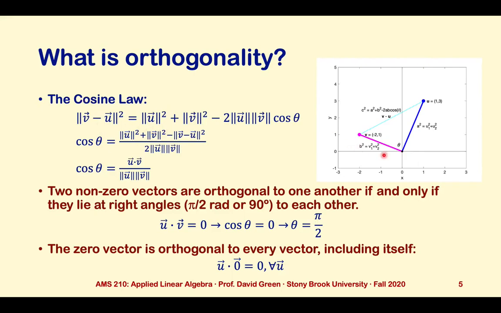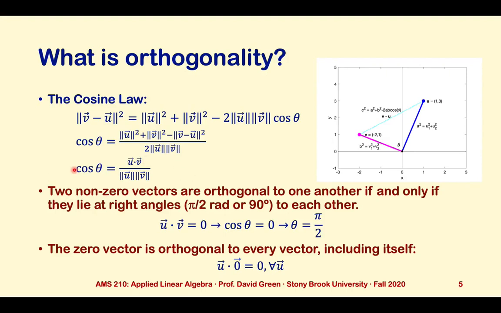The cosine law that relates the angle between two sides of a triangle, A and B, to the length of the opposite side, C, can be interpreted in the language of vectors and rearranged to give an expression for the cosine of the angle as the ratio of the dot product of two vectors over their lengths.